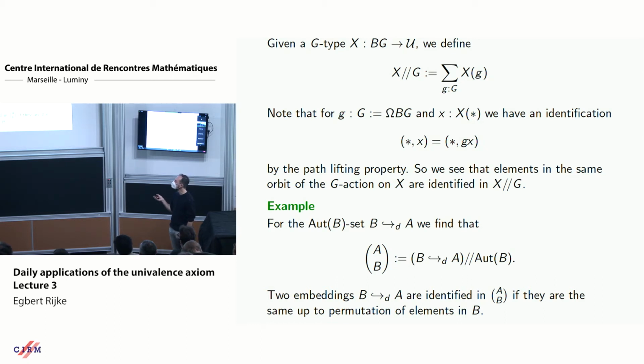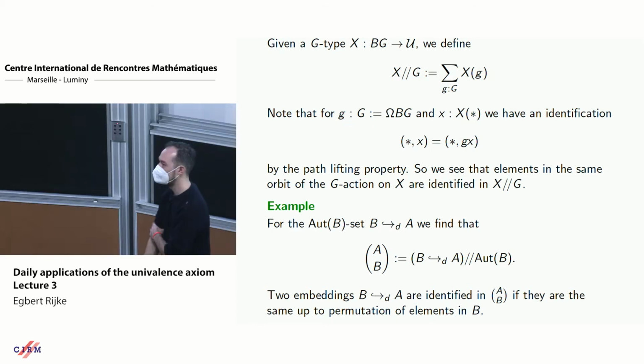So what you see here is that things that are in the same orbit are getting identified. And that's why we think of the sigma type as a kind of groupoid quotient of the type being acted on modulo G. And as you see, it comes for free again.